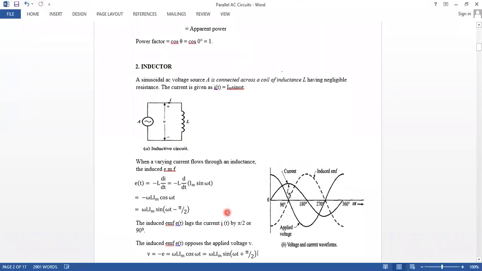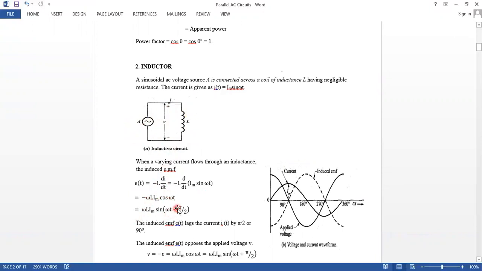Next, coming to the inductor. When an inductor is connected across an AC voltage source, in order to relate the source voltage and the current flowing through the inductor, let us first find the voltage across the inductor, which is given by minus L di by dt.